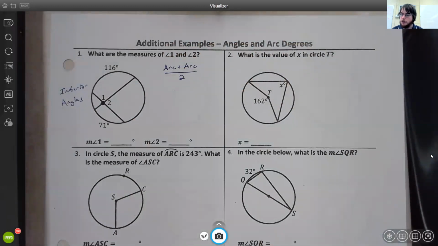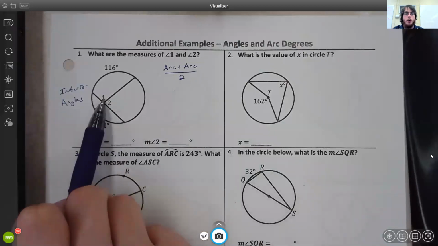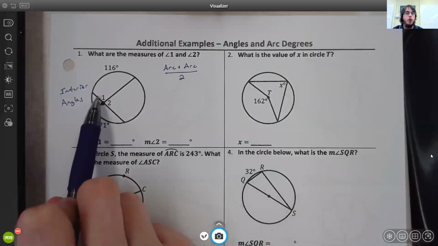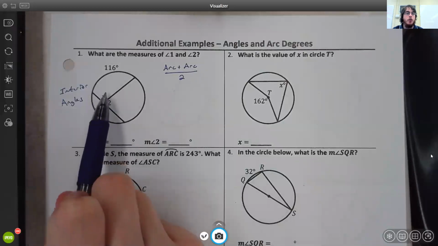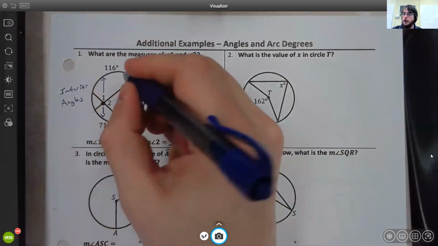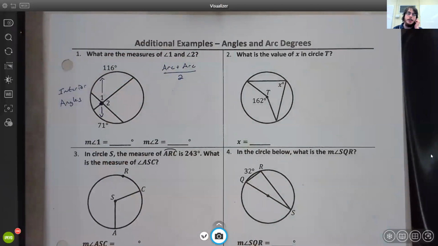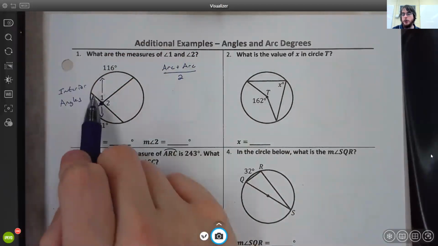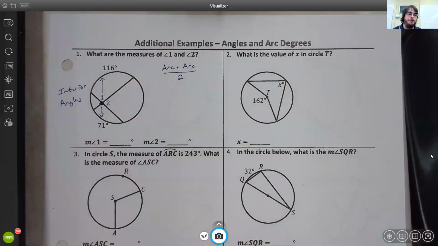Now, in this case, the one we can find first would be angle 1. And the reason we can find angle 1 first is because it's the one that's opposite of these arcs. Okay, so angle 1 is opposite of 116, so that indicates that we have to use angle 1 here.